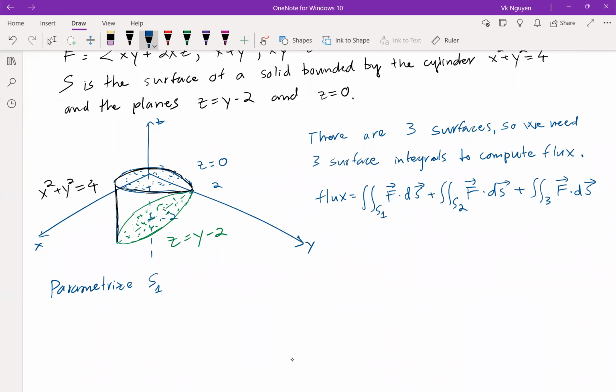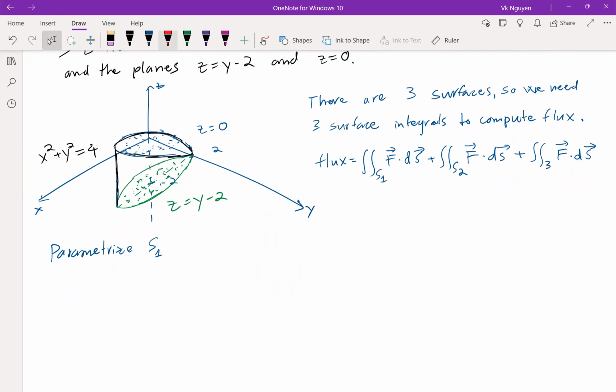How do you parameterize this one? And then here, a different color: parameterize S2. And a different color, parameterize S3. Right.